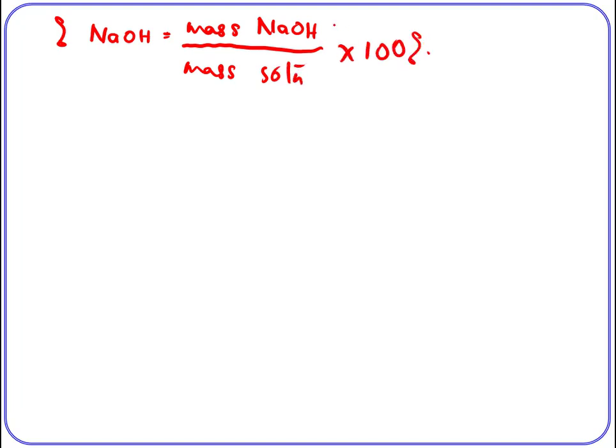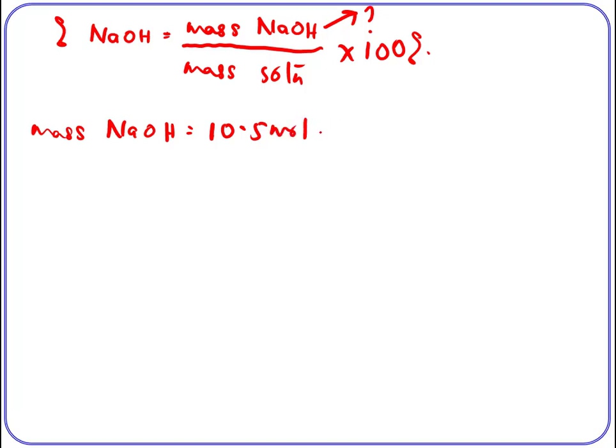Do we have the mass of NaOH? No, but we are given the mole, right? Okay, so how can we determine the mass of NaOH? Just now we know that the mole is 10.5 mole. So what to do with this?